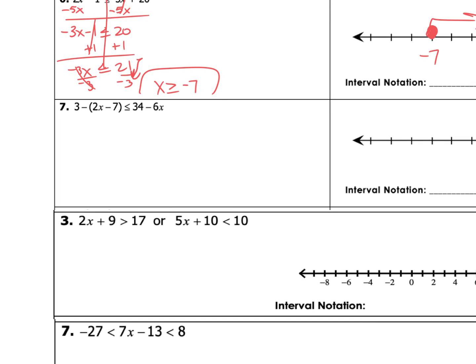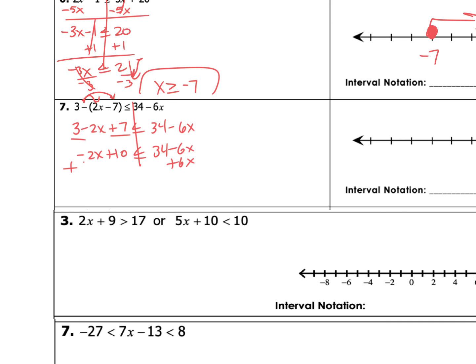All right, number 7, distribute. That's a negative 1. So we got 3 minus 2x plus 7. It's less than or equal to 34 minus 6x. Combine like terms. 3 plus 7 is 10. So I got negative 2x plus 10. 34 minus 6x. Get the variable on one side.